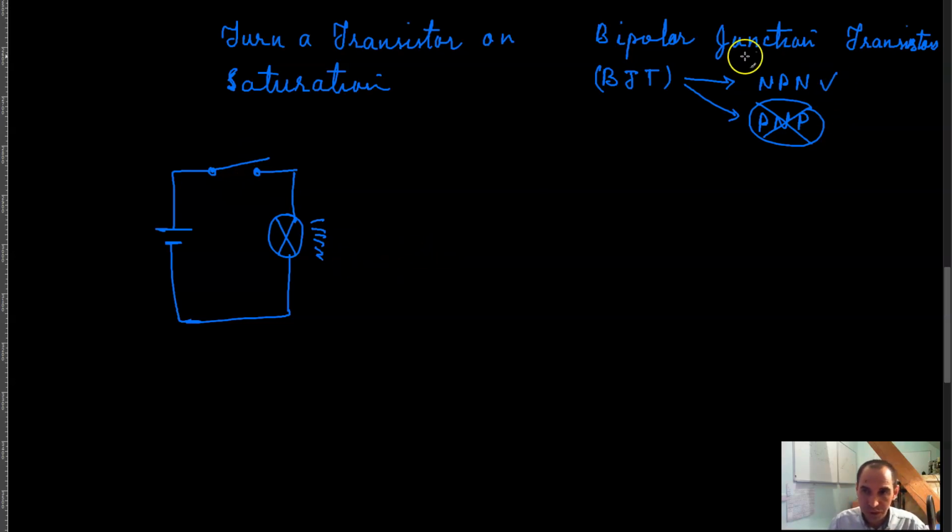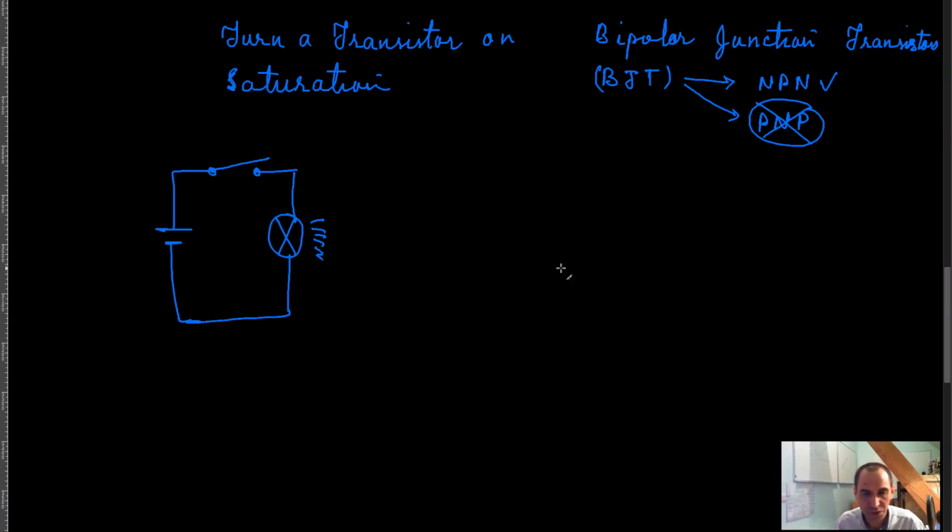Now you can use one of these transistors so that it does the same thing for you, and then you don't have to do this manually anymore. You can put this lamp in a circuit containing one of these transistors, and the input of your transistor is not manually controlled. It is controlled by some signal, for example, coming from some other circuit.